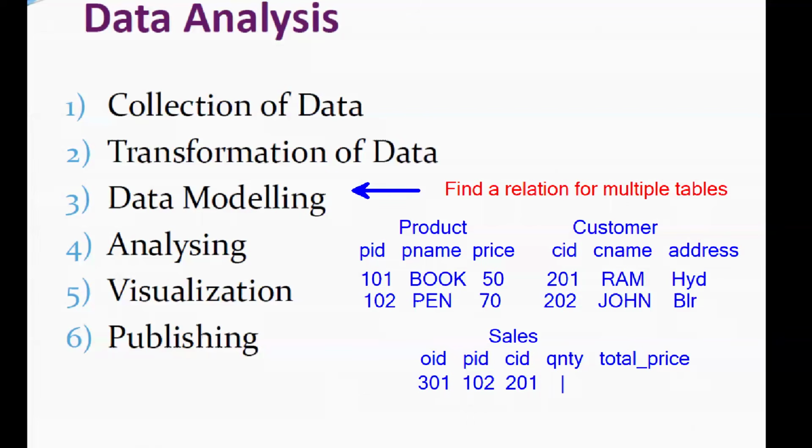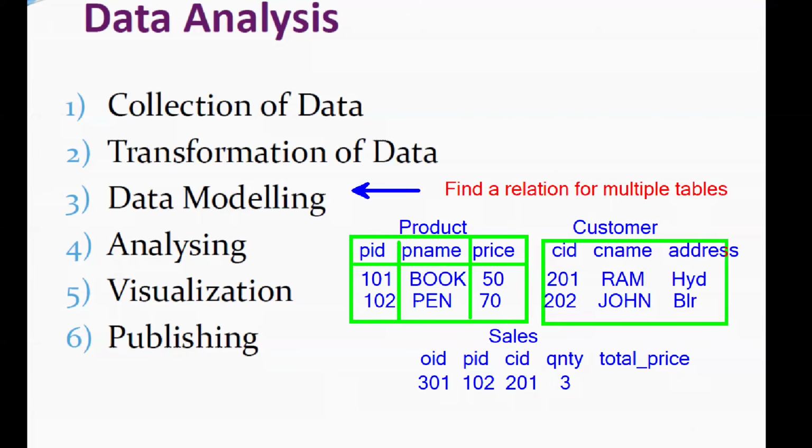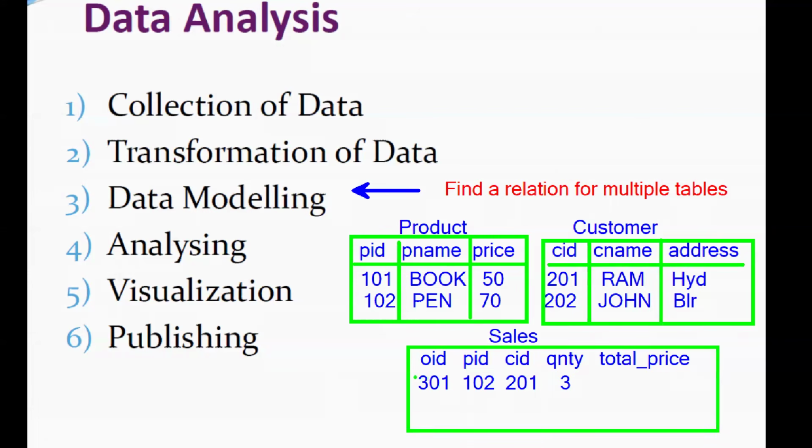So we placed an order for three items. What is the cost of each item? Pen, 50 rupees. And we placed an order for three items. Then we have a total. How much is it? 3 into 50. It is 150 rupees.